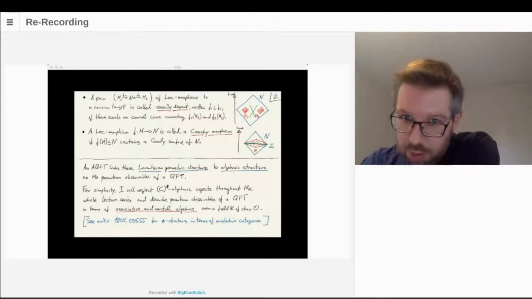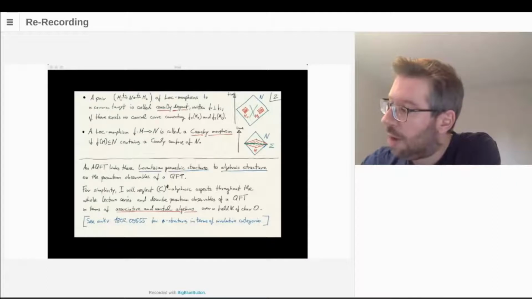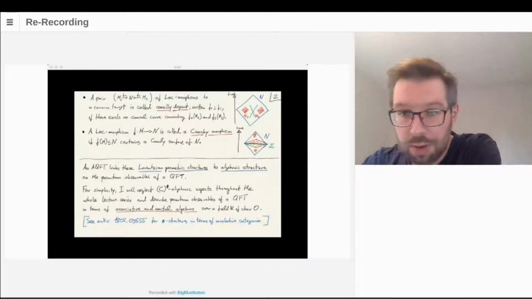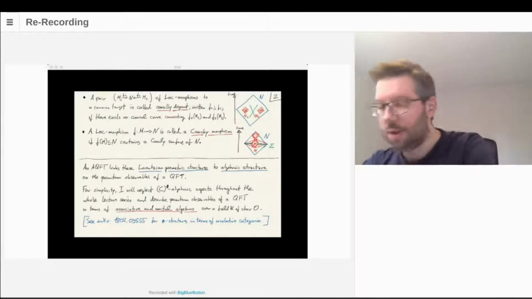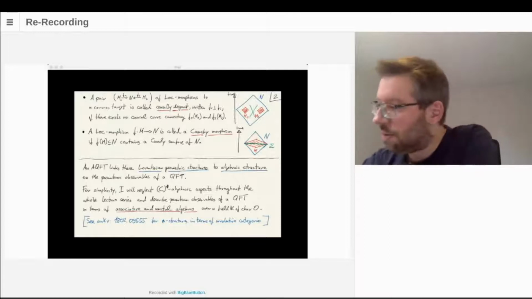Because when you have a good concept of time evolution, you can start here and use the time evolution to propagate there. And importantly, vice versa. When you do something here, you can use the time evolution to propagate back into the image of M. So this is the role played by the Cauchy morphism.